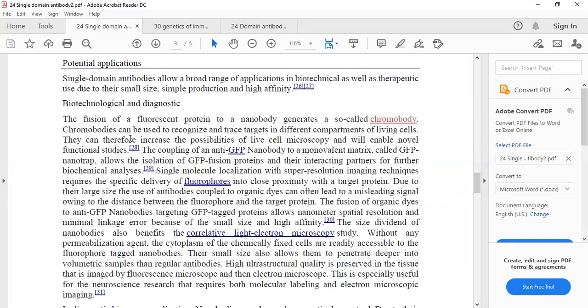Using these domain antibodies, we can prepare them from only a variable region of the heavy chain. From this variable region, we can design our antibodies and use them for the identification of a particular specific antigen for the diagnosis of disease in humans. So most of their work is for diagnostic purposes for specific diseases.